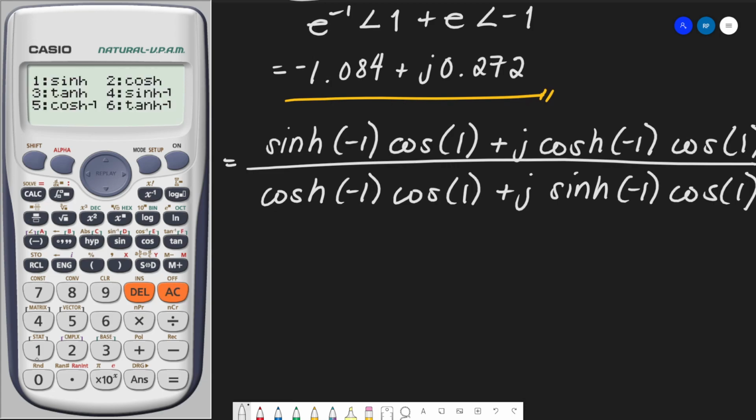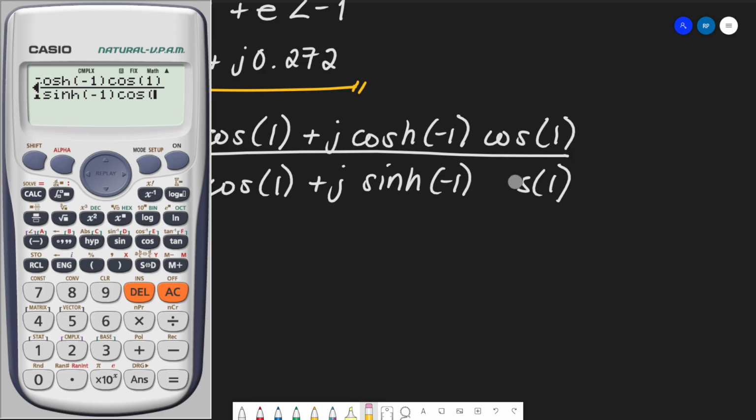So fraction, then sin negative 1 cos positive 1 plus i, para sa j, shift cos negative 1 sin positive 1 over cos negative 1 cos positive 1 plus i sin negative 1 cos, hindi to cos, sin to. So, let me correct that.